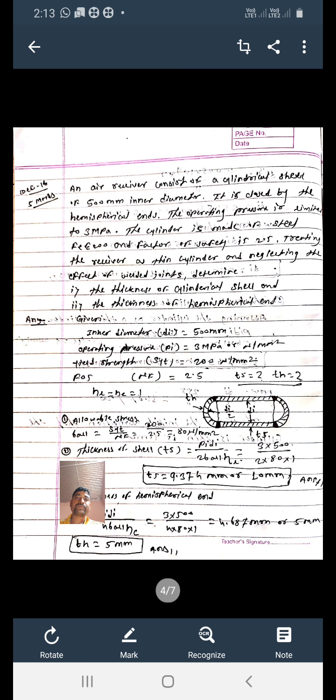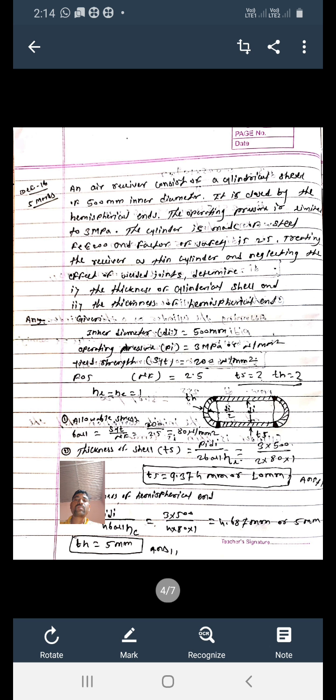The cylinder is made of steel Fe E200 and factor of safety is 2.5. Treating the reservoir as a thin cylinder and neglecting the effect of welded joint, determine the thickness of the cylinder shell and the thickness of the hemispherical end. Okay, we want to calculate those two values.